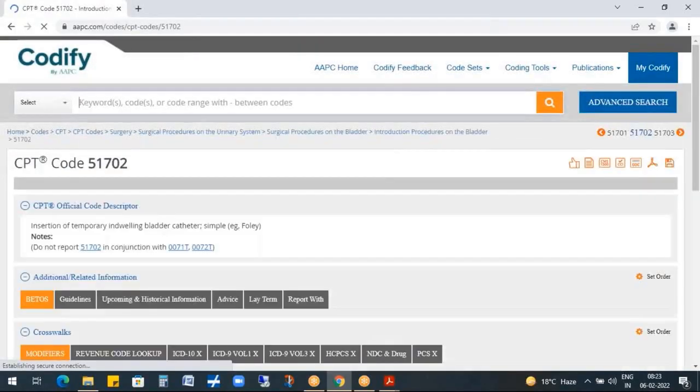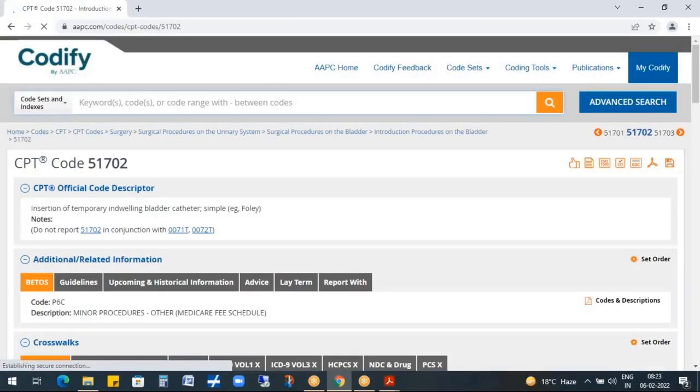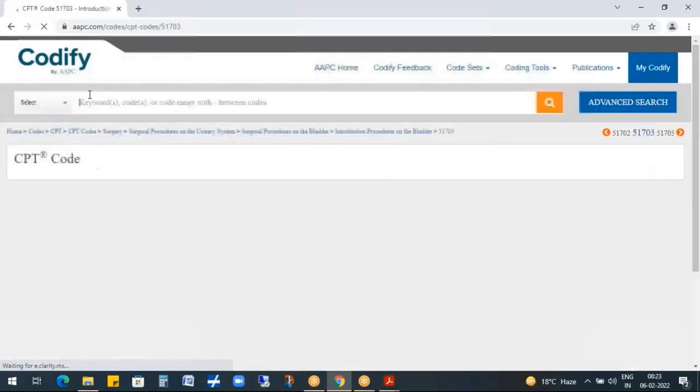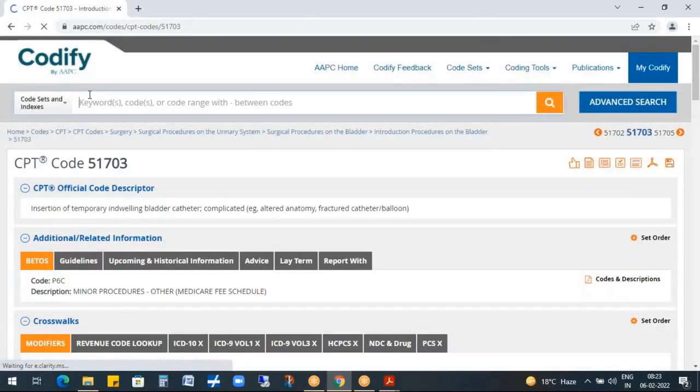See, they have given a parenthetical note: fractured catheter or balloon, altered anatomy, the structure is totally different. Then it will be complicated.